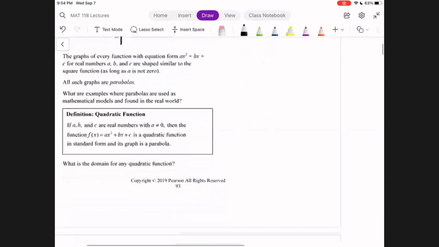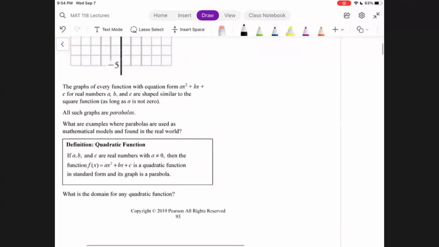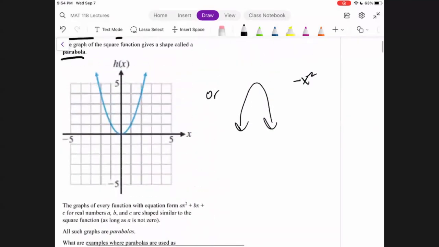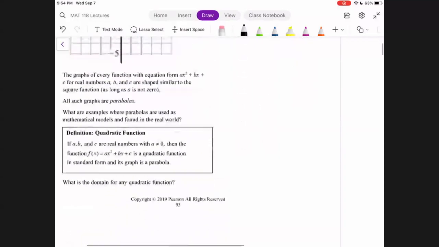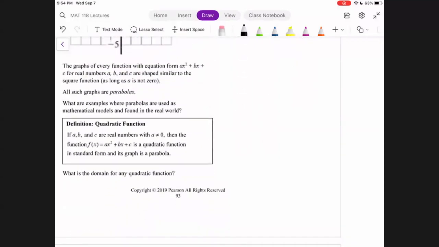So the graph of every quadratic function is a parabola, right? The shortest way you could write it would be just x squared. But if you want to be extra, you could have it in this format. And you might have seen this before, where f of x is ax squared plus bx plus c.